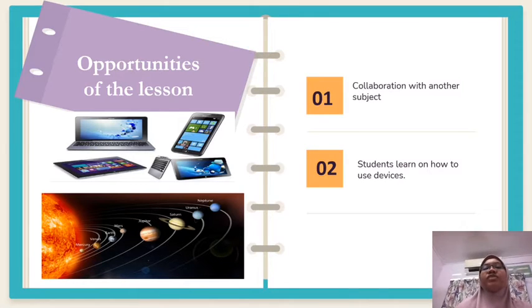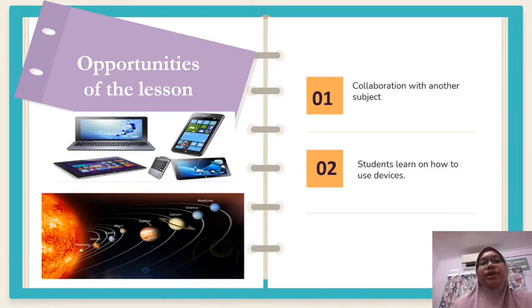So when they have the collaboration of subjects, they will learn more knowledge in just one lesson, and it also meets the criteria introduced by our Ministry of Education with the current lesson format that requires us to collaborate with another subject.